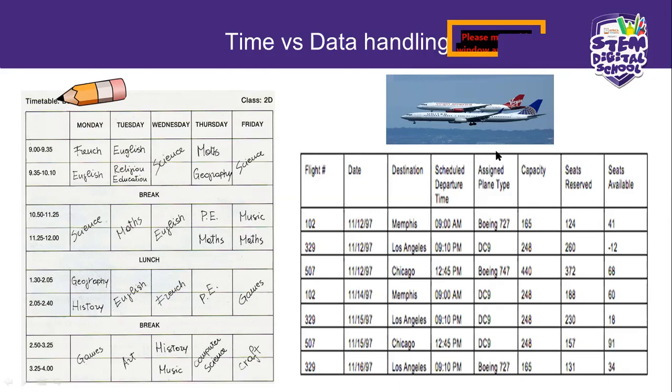Is there anyone who agrees with Hudi? Let's look at the guideline. The first one there, it's 9 to 9:35. And then the next one, it's 9:35 to 10:10. So this is how they record it.